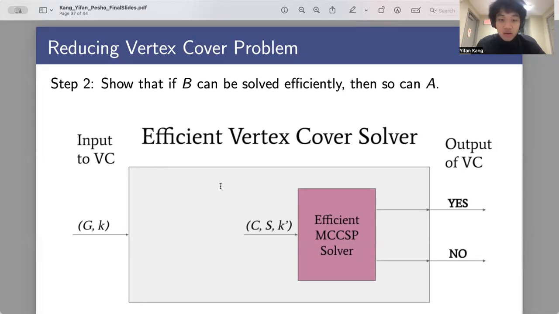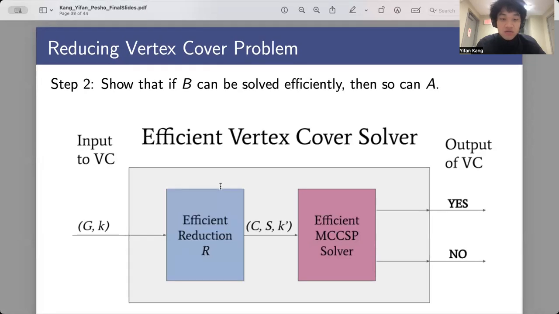All we need to do is find an efficient reduction to transform the input of the vertex cover problem to the input of the MCCSP problem, so that if the reduction works and the solver works, then we have an efficient vertex cover solver. But vertex cover is already proven to be hard to solve, so we reach a contradiction.